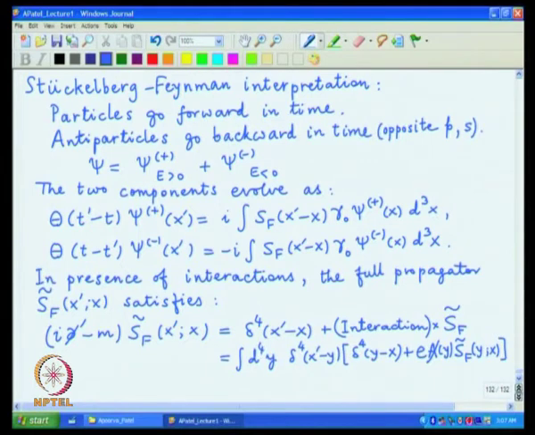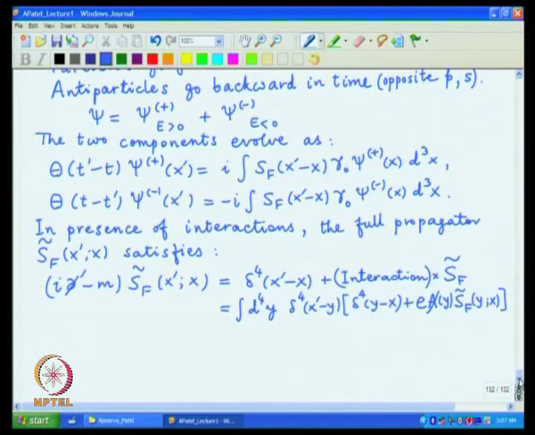So, this is the equation, but now we have a form which can be related easily to the free particle propagator which we calculated.